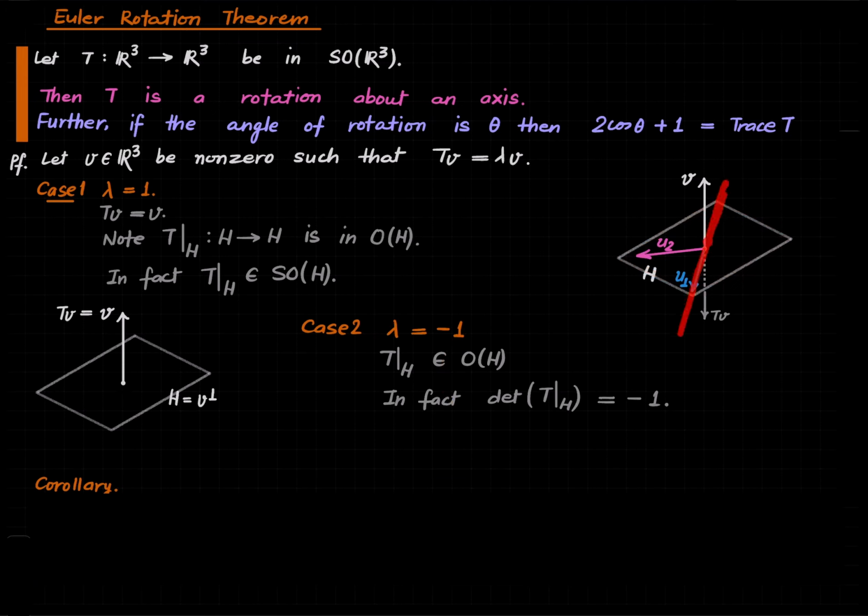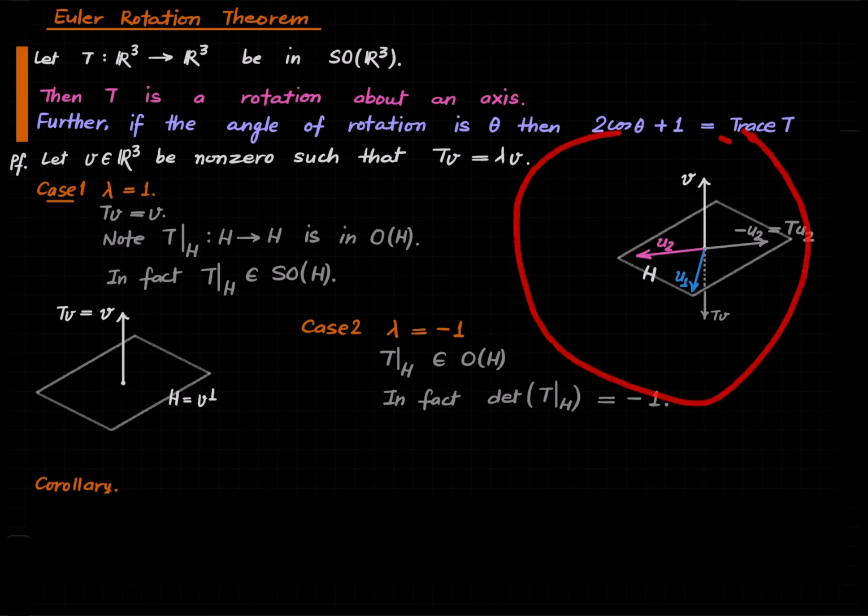Let's say it is reflection about this line, and I've just chosen a vector on that line. So Tu2 would be just minus u2. So what's going on? The whole of T, what is it doing? It is sending u2 to minus u2 and v to minus v.